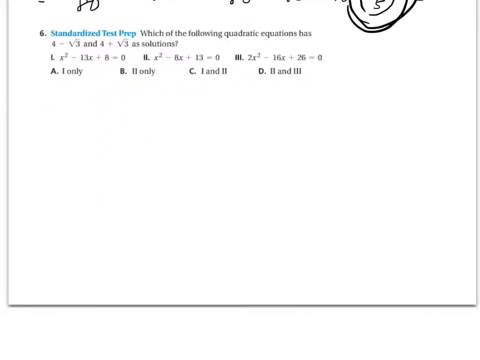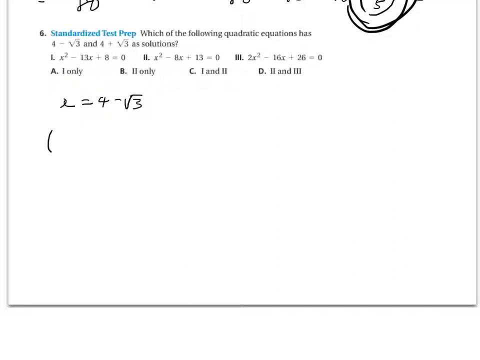Number 6, which of the following quadratic equations has 4 minus square root of 3 and 4 plus square root of 3 as solutions? So you have x equals 4 minus square root of 3.